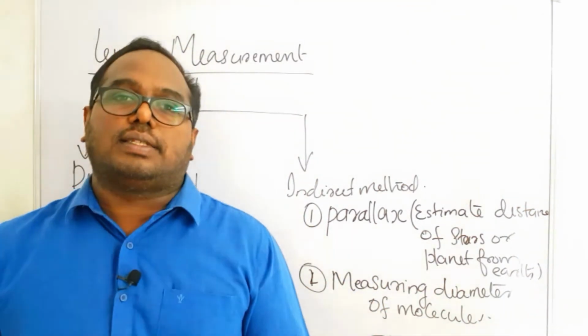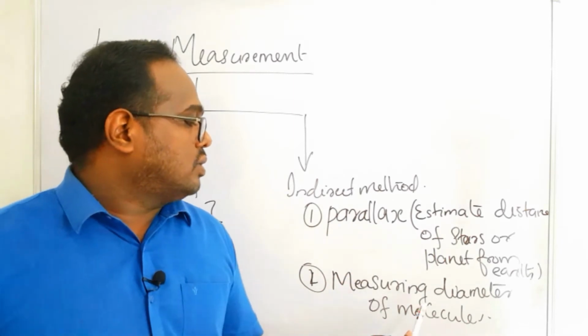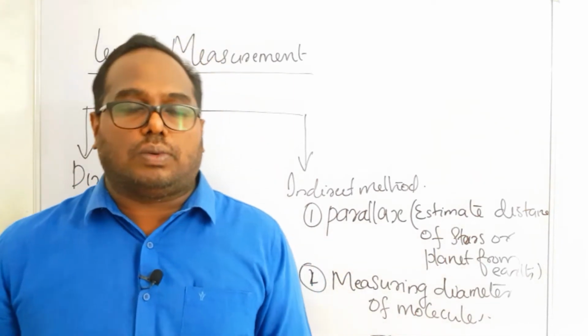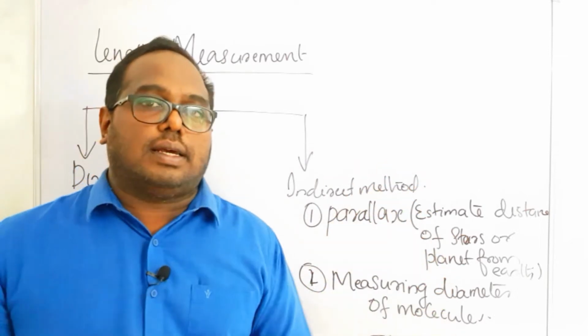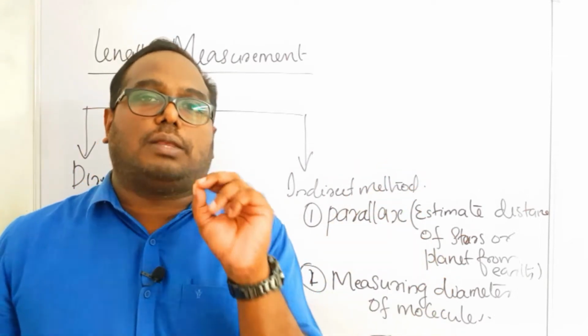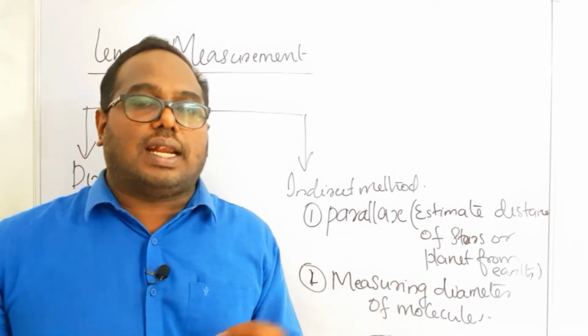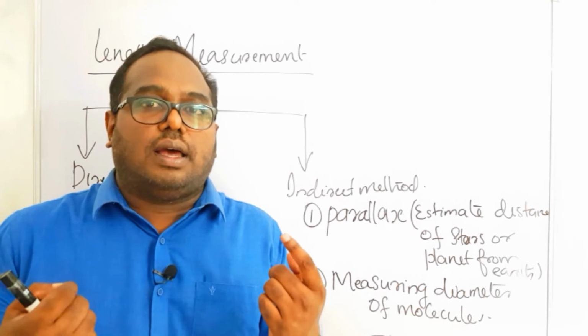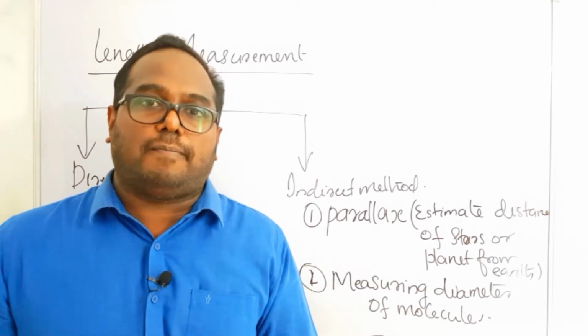I will explain that in the second stage. First, we have to study parallax method, and second, we have to study measuring the diameter of a molecule. Both these are indirect methods. Here we use our logic and some mathematical calculation to estimate such distance where we cannot reach one of the points or both the points conveniently.